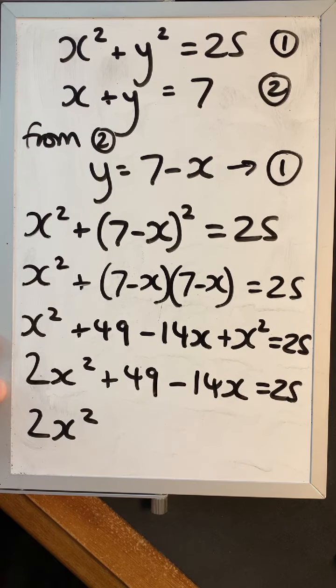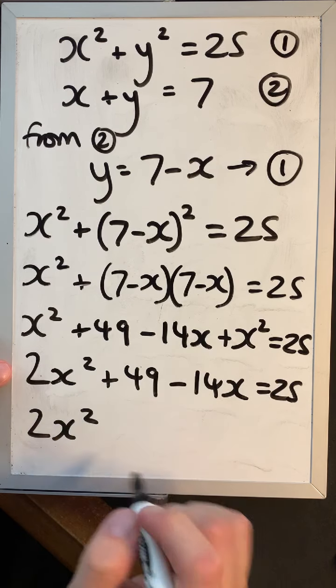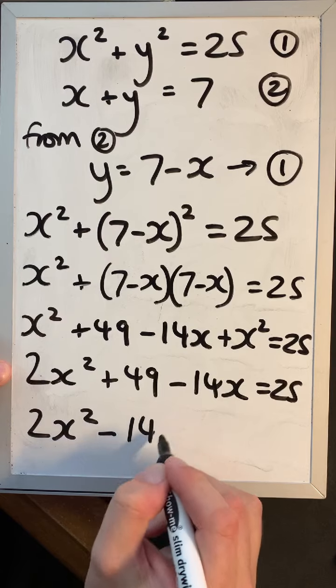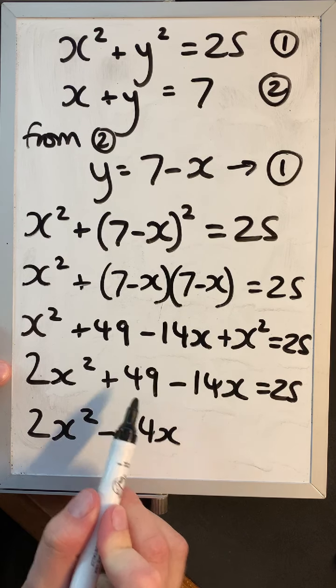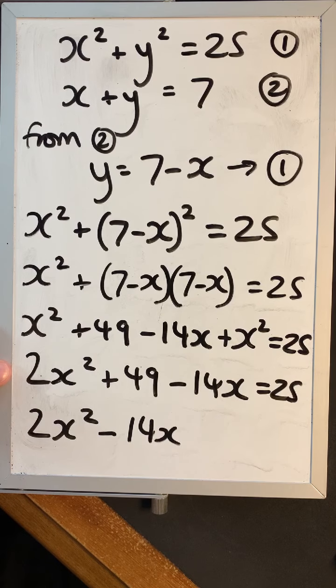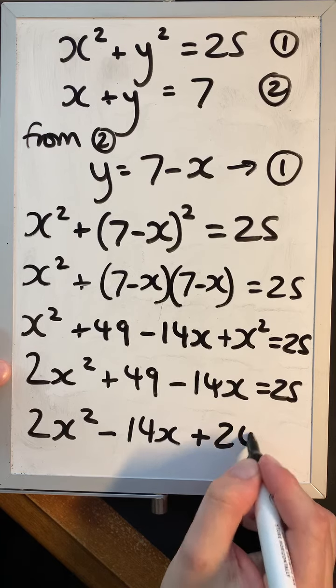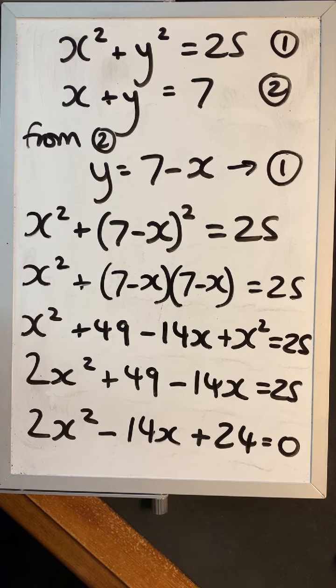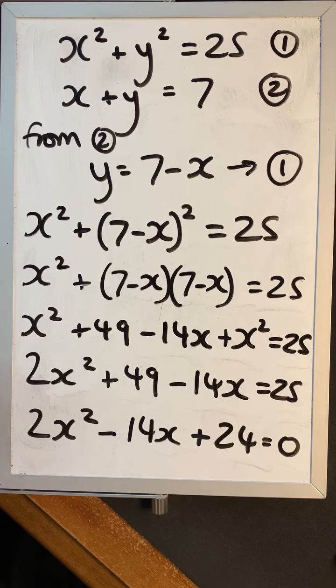So we've got 2x squared. Now, if we want to write this more in quadratic form, of course, the x's come next. So minus 14x, and then we've got 49 minus 25 that's coming over. So 49 minus 25 is going to be positive 24.